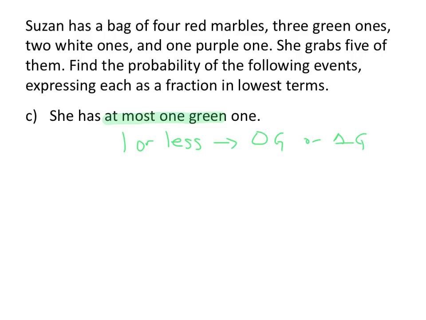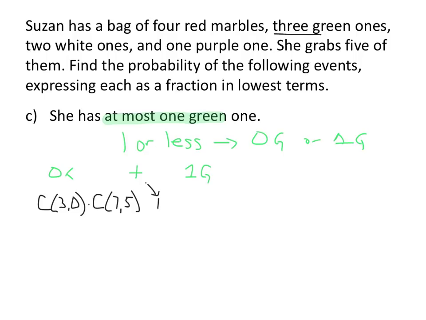So let's do 0 green or 1 green. And we're going to put it all in black because it just shows up better. So how many green ones do we have? We have 3 green marbles. So the combinations of the 3 green we have and the 0 we want, and then the other 7 marbles we have, we want 5 of them.